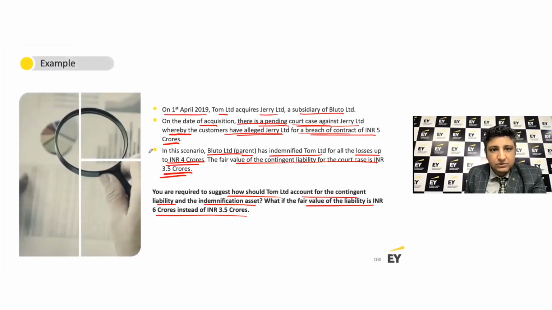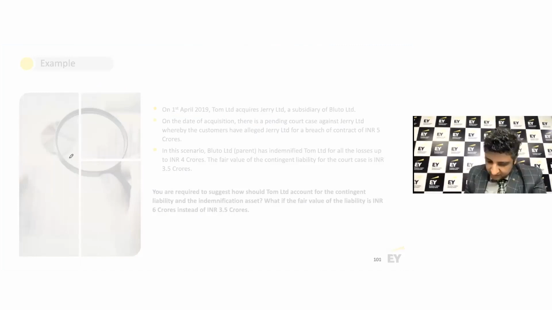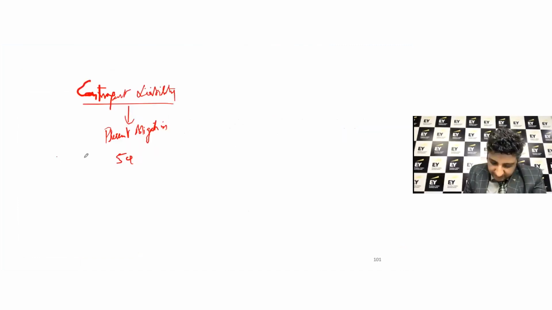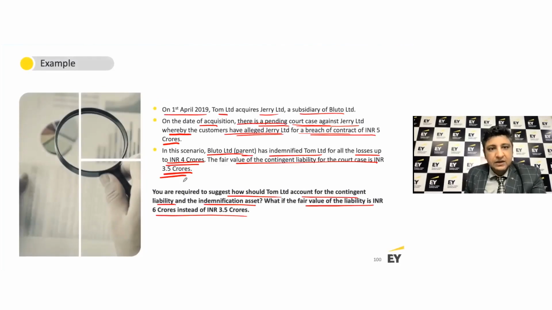And then we are saying also that the fair value of the court case, so this is something which is the value of the court case or the pending value of the suit, and the fair value is given to be 3.5 crore rupees, right?